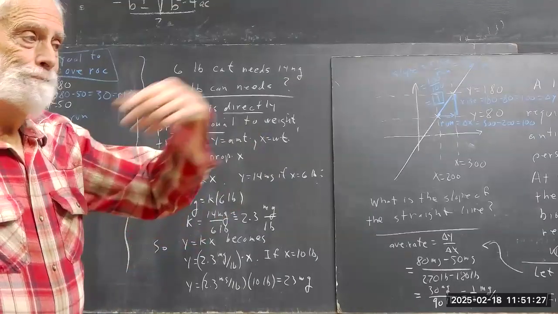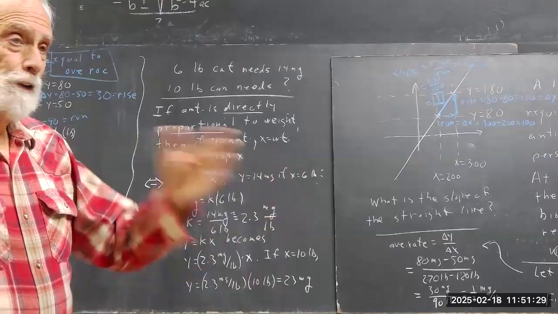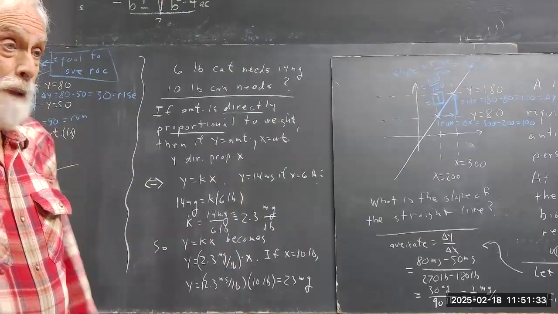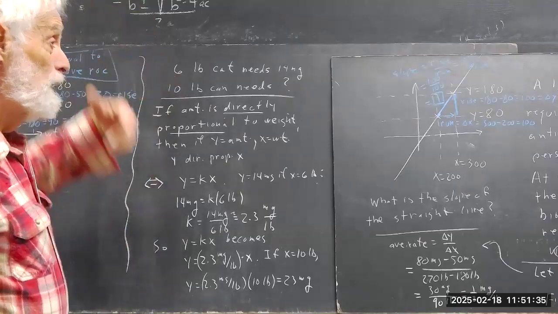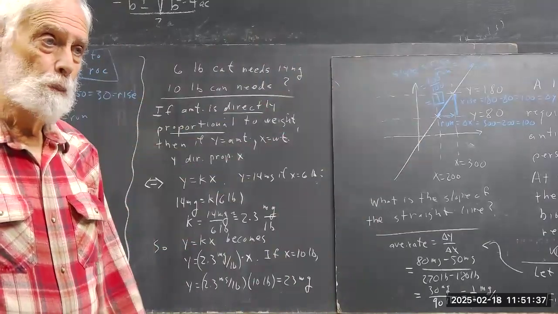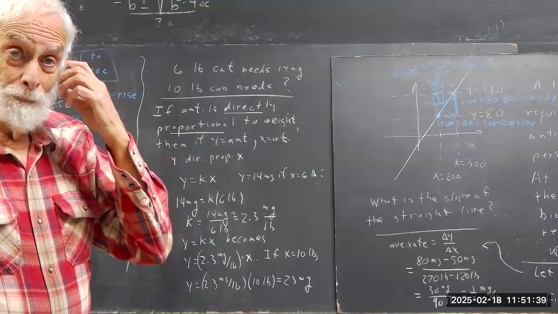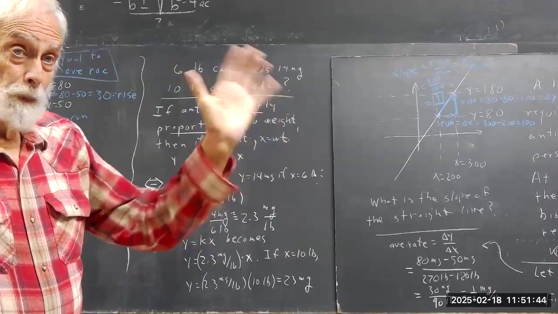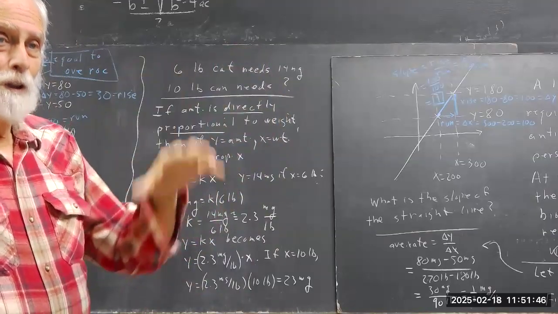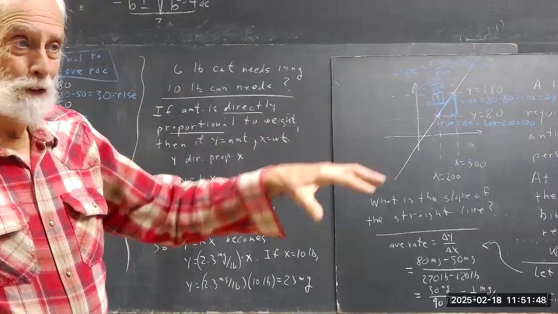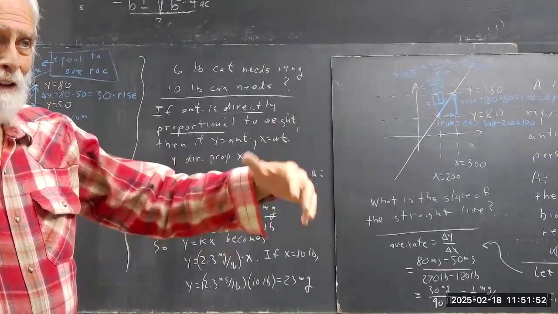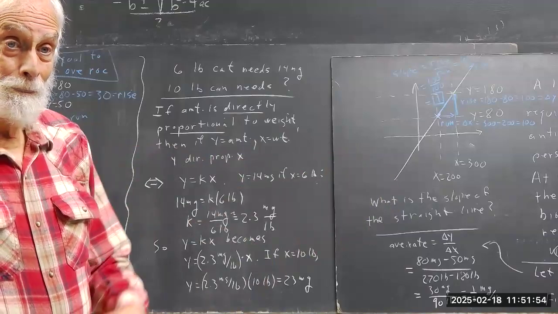Now, if it's amoxicillin, there's a lot of latitude. You give them both about the same amount. Or maybe, okay, 10 pounds, I gotta give them a little more, okay? You don't want to risk any confusion at all when you're dealing with medications, right?